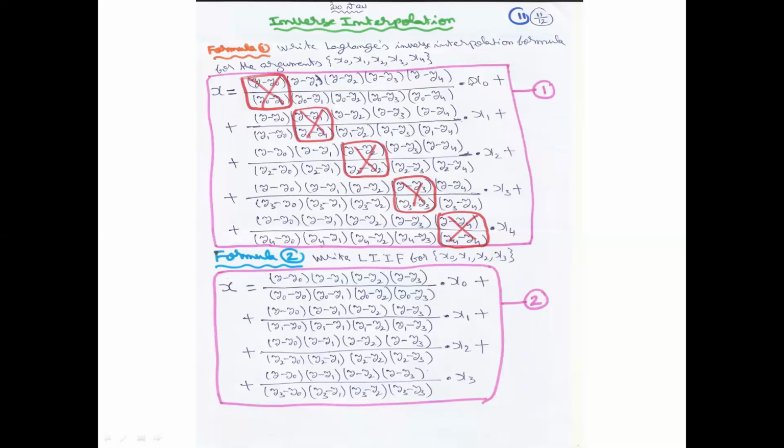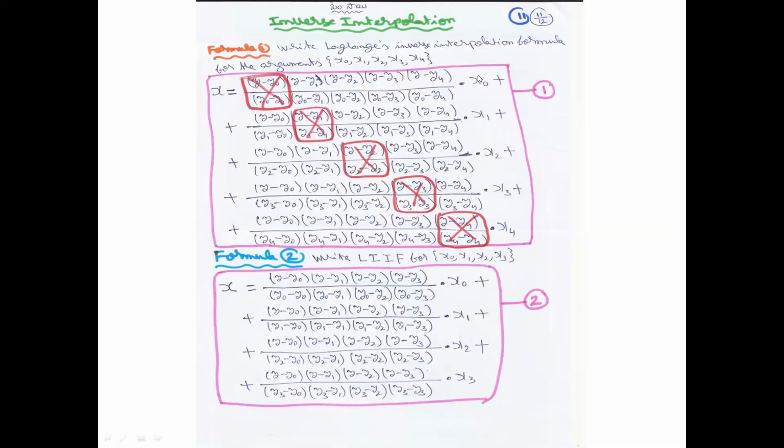Here, the second factor, in case of Lagrange's method, it is f of x0, that is y0, f of x1, f of x2, f of x3, f of x4. So replace f of x0 by x0, f of x1 by x1, f of x2 by x2, f of x3 by x3, f of x4 by x4.